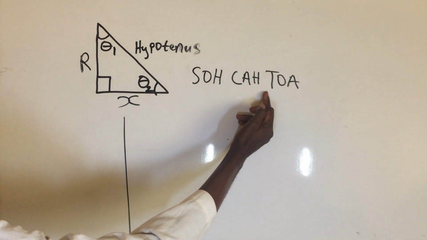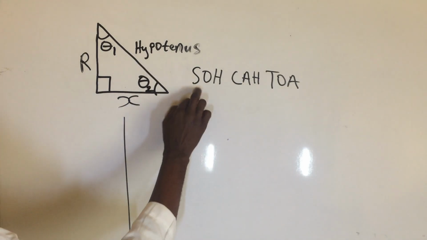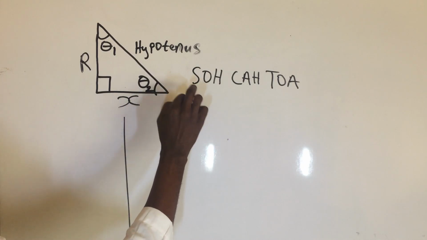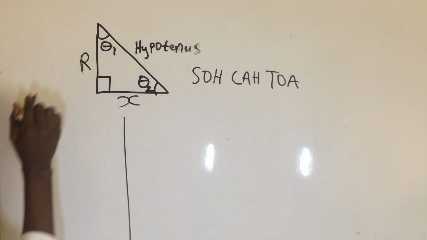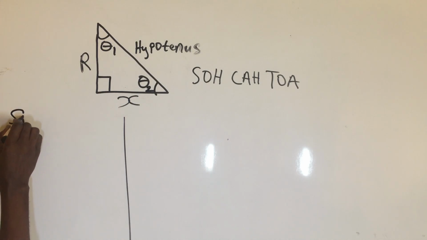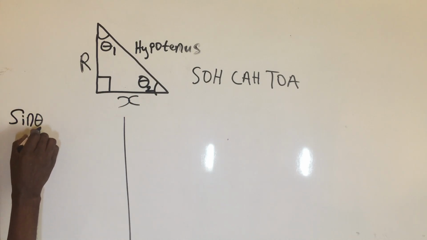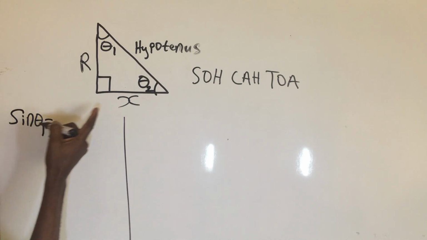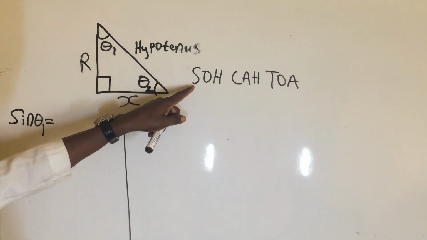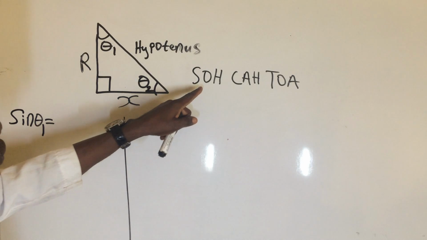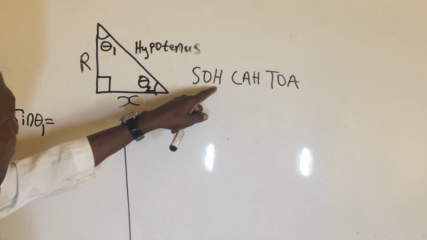Looking into this SOHCAHTOA, let me start with sine. If I am referring to theta 1, sine theta 1 is equal to opposite all over hypotenuse.